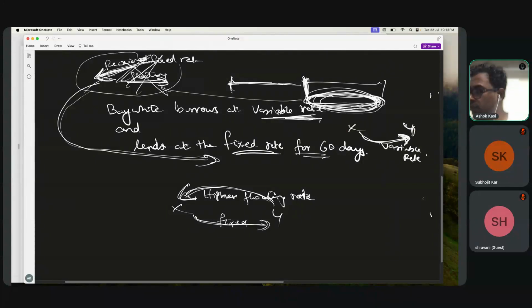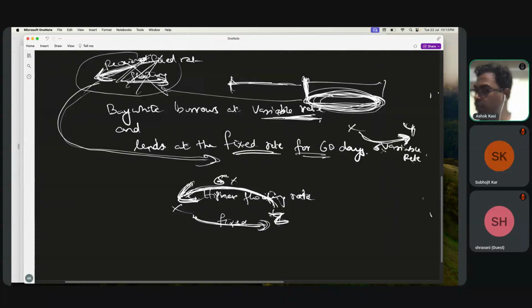Now how will you hedge? When you receive variable rate from somebody. This is somebody else, this is Z. You are receiving that variable rate from somebody and you are agreeing to pay fixed.